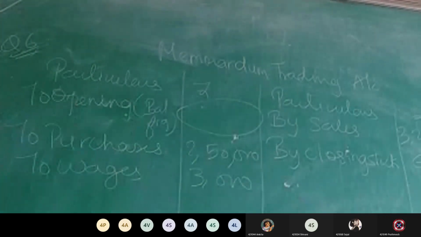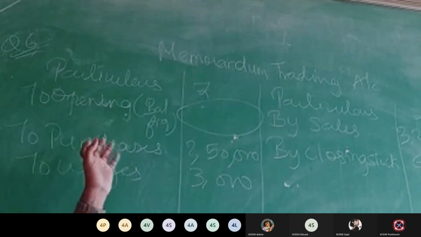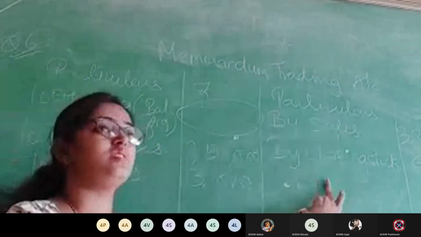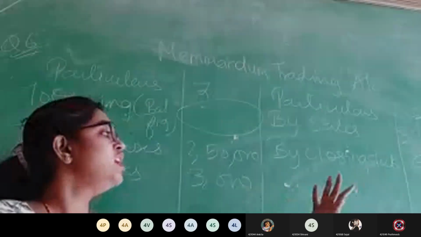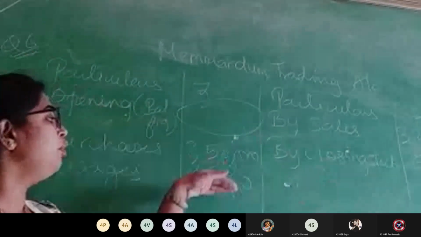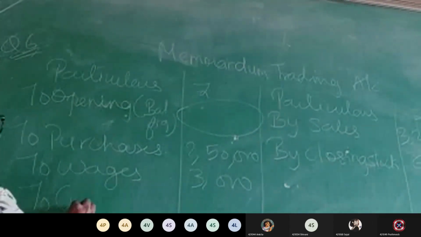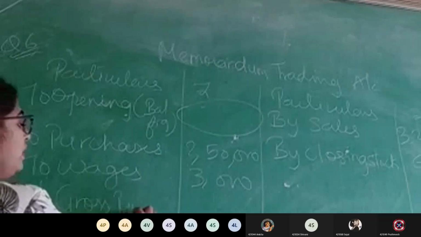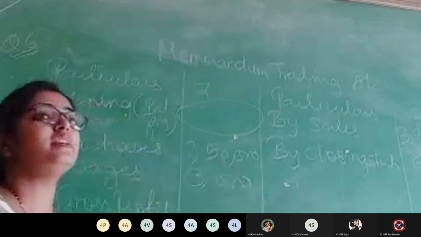Now pay attention here. Stop writing. Look at the board. Here we have opening, purchase, wages, sales, closing. No other information is given. This is all that is in trading. So now what do we do? Debit minus credit gives us the gross profit. Yes or no? So here we are not getting the gross profit from plus and minus.